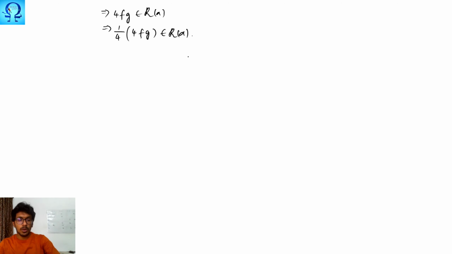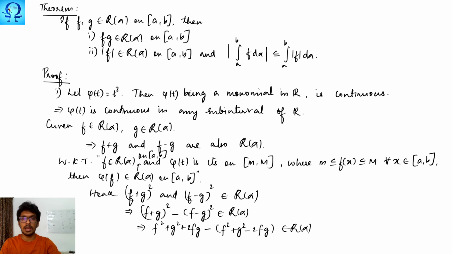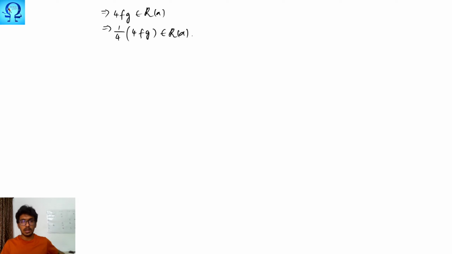And f squared and g squared get cancelled, and you will be left with 4 times fg is RS integrable. This very well tells you that 1 upon 4 times 4fg is also RS integrable. Why are we writing like this? It is given that c may be any constant, so I am taking c to be 1 upon 4, and then this tells us that fg is RS integrable.